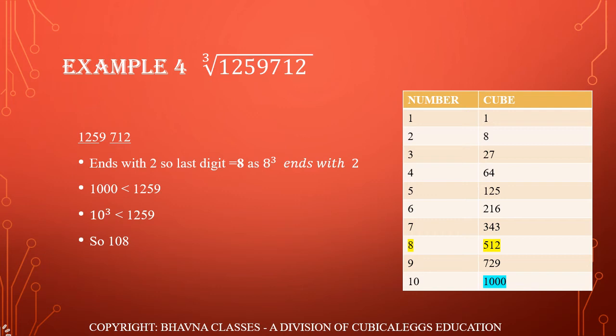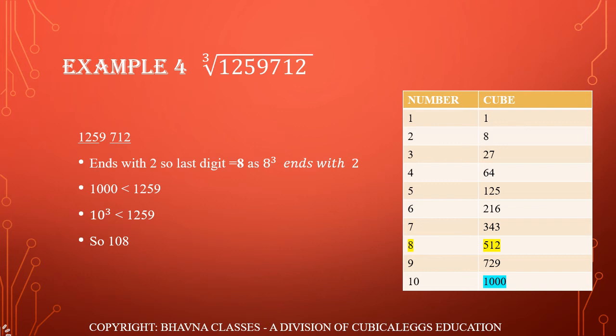So let's take one more example. Cube root of 1259712. Now this is a big number. I'll be separating, so I'll get 712 as the last three digits and 1259 as the remaining digits. These remaining digits I have to keep together. Now the number ends with 2, so the last digit is 8, as 8 cube ends with 2. So the last digit of the result is 8.